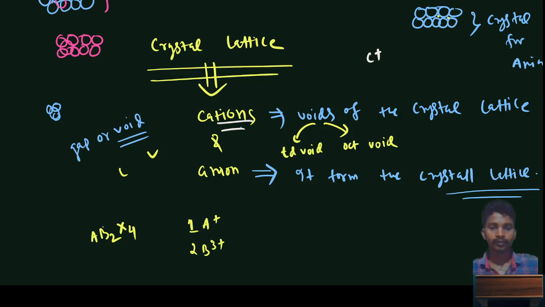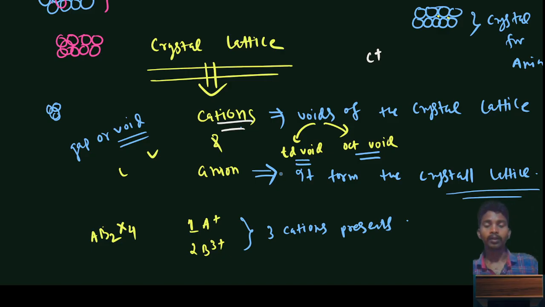So there are a total of 3 cations present. Out of these three cations, which will go to tetrahedral voids and which will go to octahedral voids, on that basis we have normal spinels and inverse spinels.